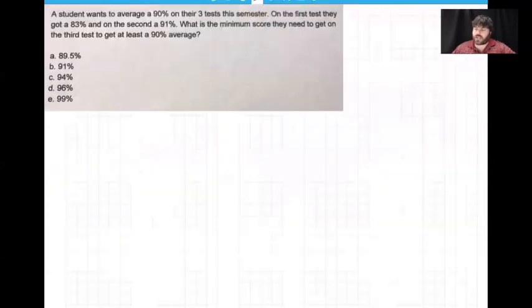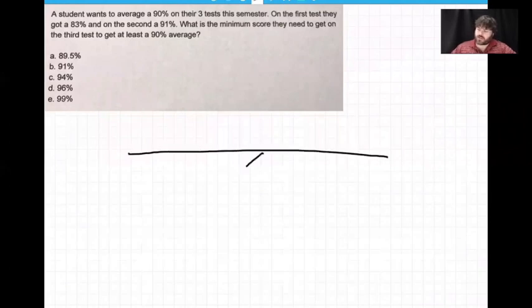All right, a student wants to average a 90% on their 3 tests this semester. On the first test, they get an 83%. On the second, a 91%. What's the minimum score they need to get on the third test to get at least a 90% average? Okay, so this problem is done in 2 ways. You set up your little equation and solve, or we can think about it as like this balance beam, right? I want to get a 90% average.